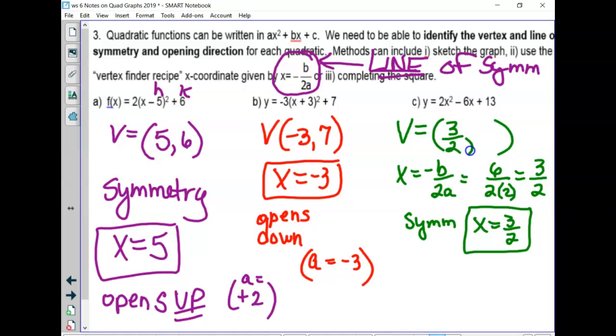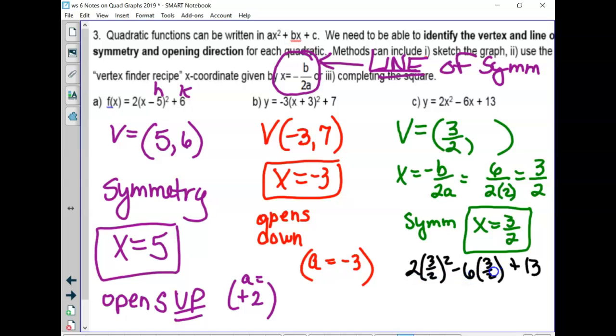All right, to find the rest of the vertex, we need to go back and plug it in. 2 times 3 over 2 squared minus 6 times 3 over 2 plus 13. Do I need to show you how to type that on the calculator? Just use your divide for your fraction. So 2 parenthesis 3 divided by 2 parenthesis squared minus 6 parenthesis 3 divided by 2 parenthesis plus 13. This would be 9/4. Doubled would be 9/2.